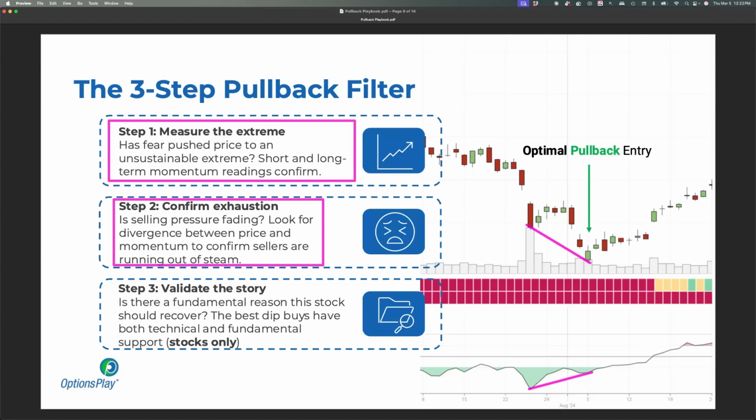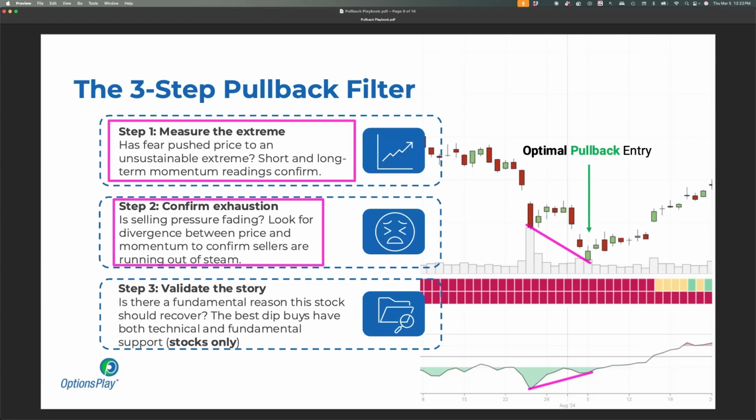So the second step is you want to confirm that exhaustion. And what you typically do for that is just look for divergence on any normal indicator. You can use RSI, you can use MACD, you can use any normal indicator using a normal time frame. So for example, 14 period RSI, 20 period MACD, I'm sorry, 20 period stochastics, anything like that.